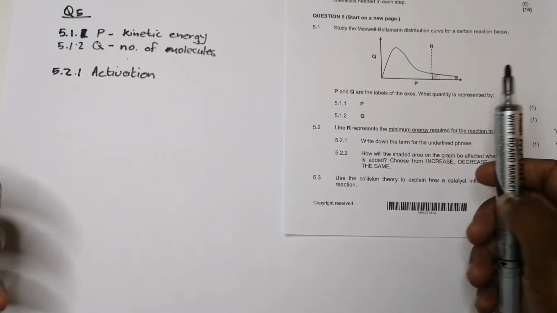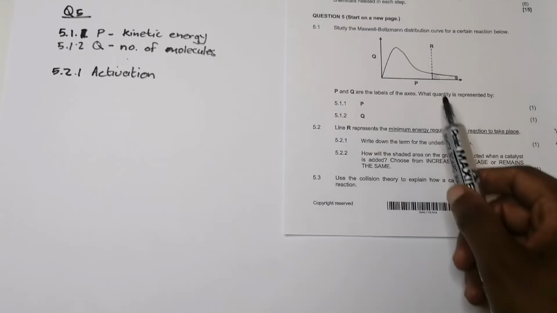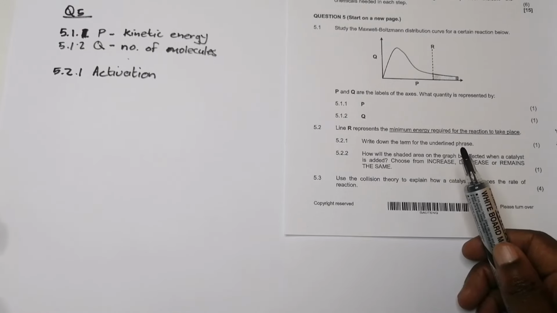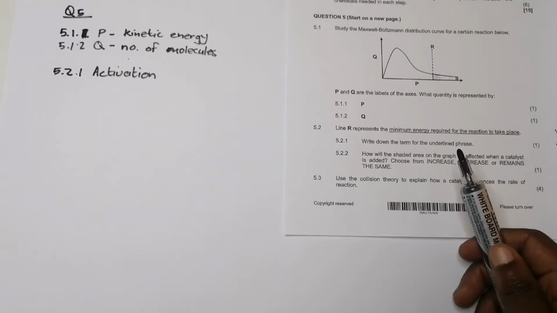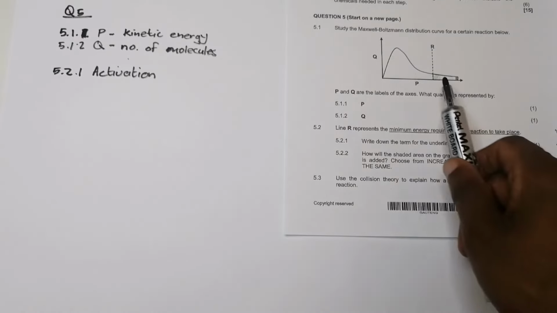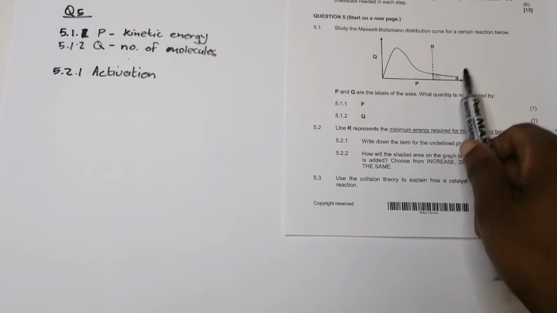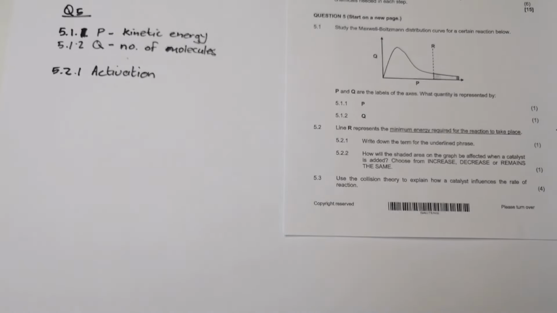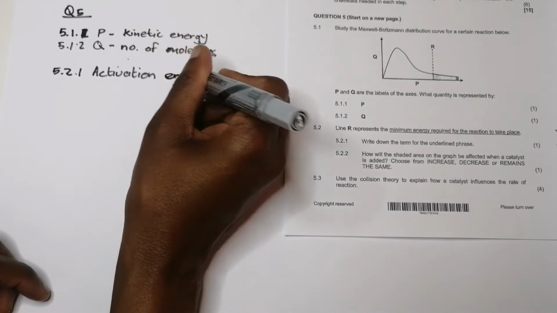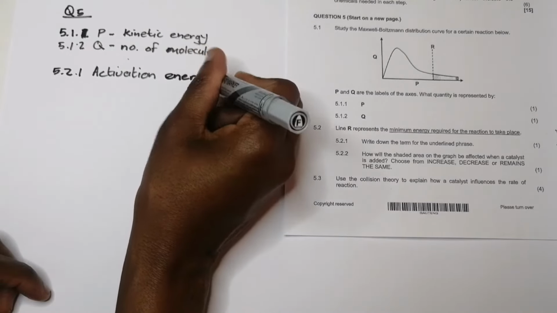They would go back to being reactants. But remember that the condition for an effective collision to take place is that there must be sufficient kinetic energy. So above this point here would be sufficient kinetic energy, so they would undergo what we call effective collisions.